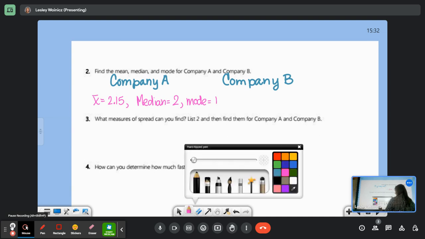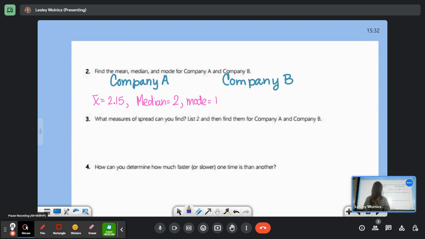Okay, what about for company B? Isn't it the OX? That's the most repeated.